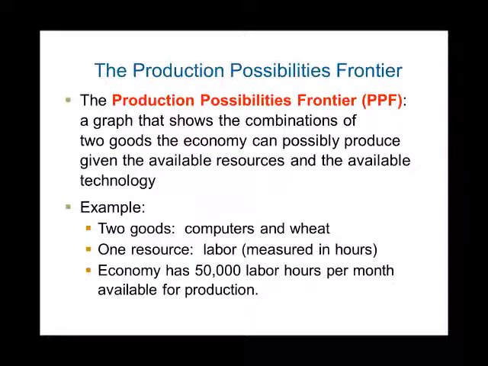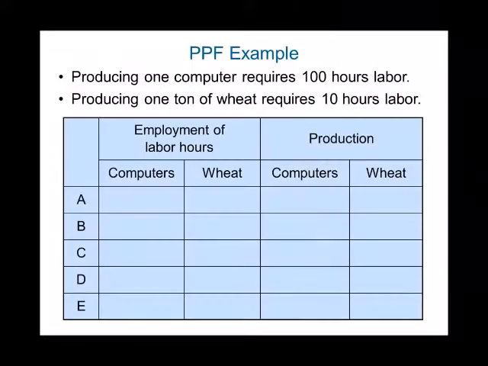So this is the model that we have. We have made some very simple assumptions. We just picked two products. We just picked one resource, which is labor. And we said that this resource can contribute about 50,000 hours per month for production. Now, to see how much to produce, we need some idea about technology.